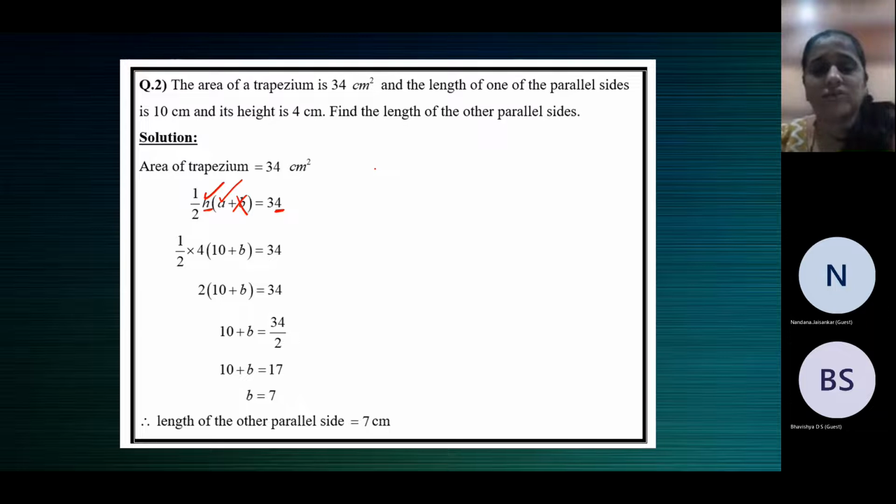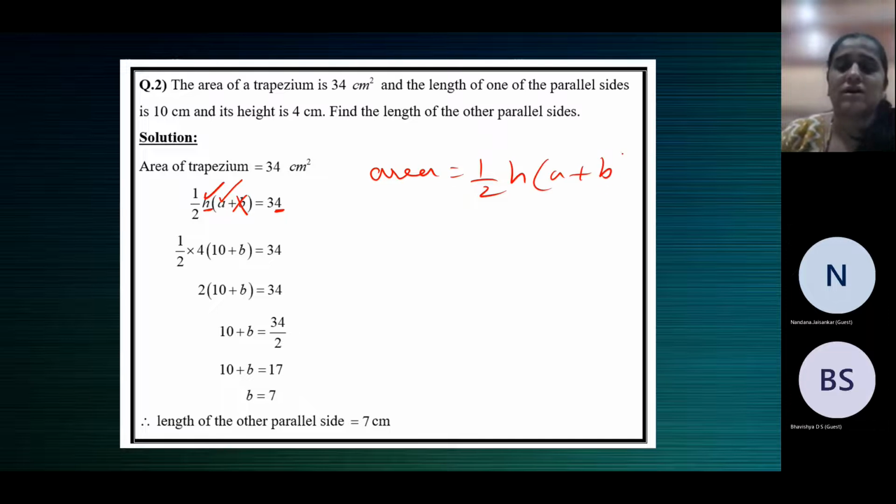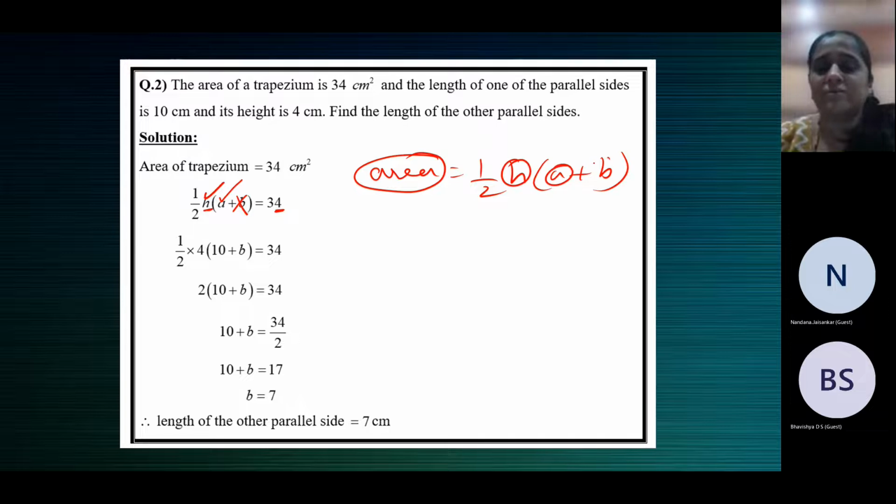See, in a formula, let's understand the unknowns. Area of a trapezium is equal to half h into a plus b. This is the formula. How many unknowns? Area is one unknown, then h, a and b. So 1, 2, 3, 4 unknowns. Half is a constant. There are 4 unknowns in this formula. Given the values of any 3, you can find the 4th one.